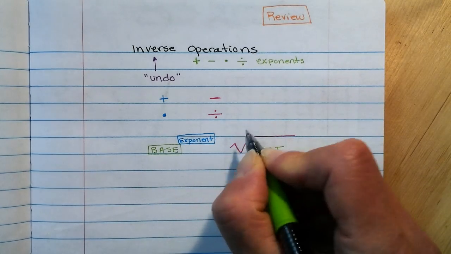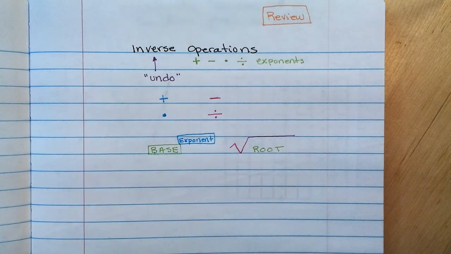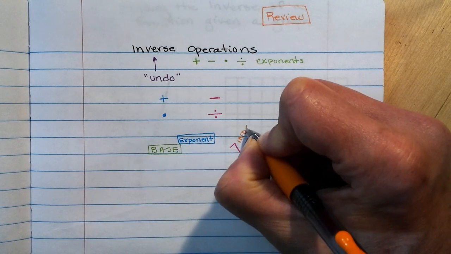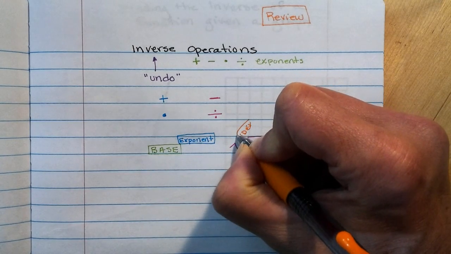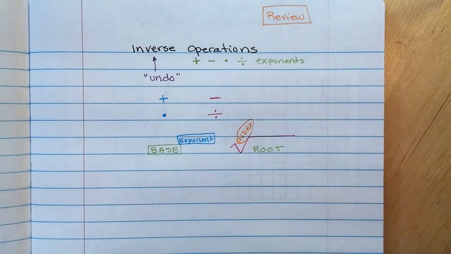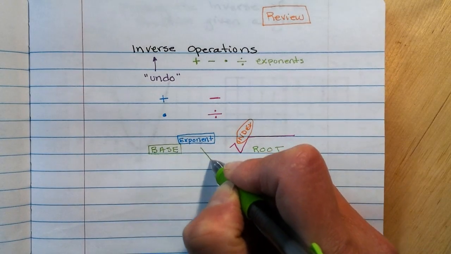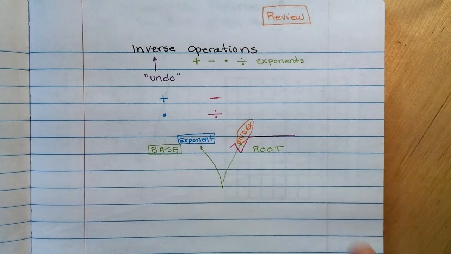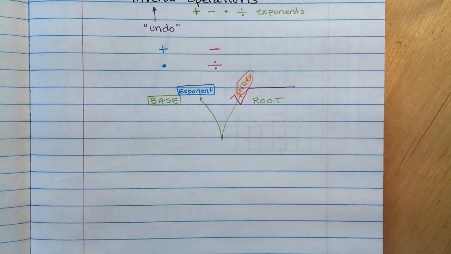And inside here, I have this thing called an index. That goes in this little crooky thing there. So what I want to point out to you is right here, exponents and the index.